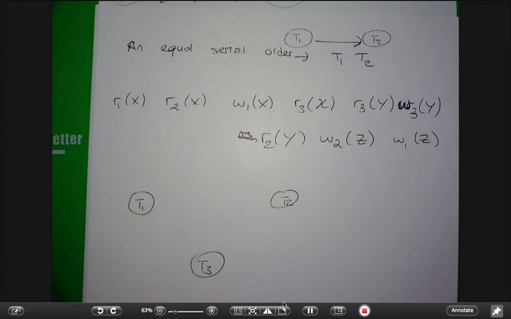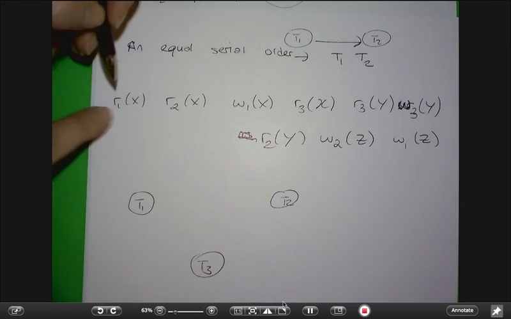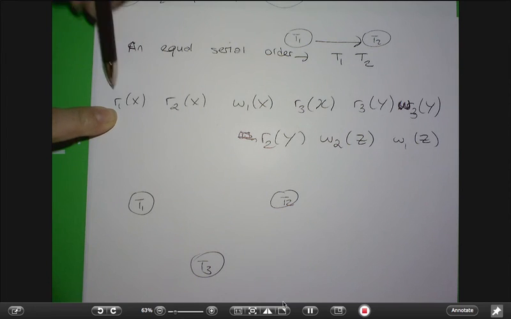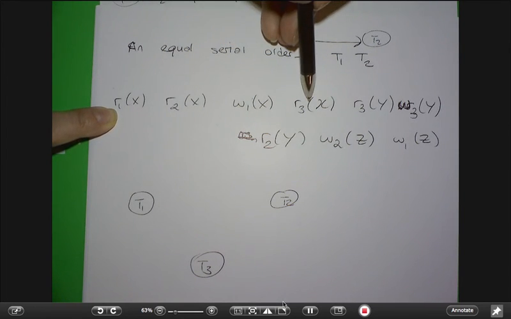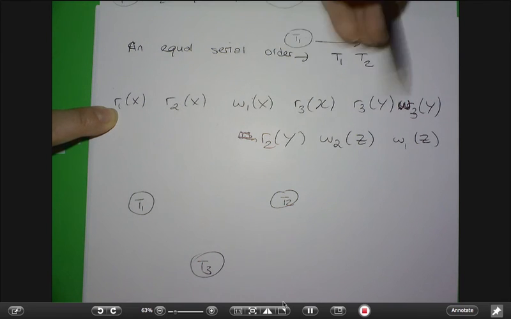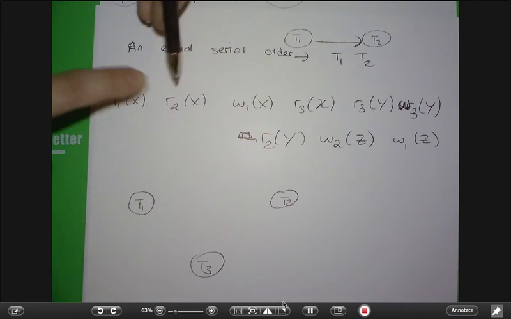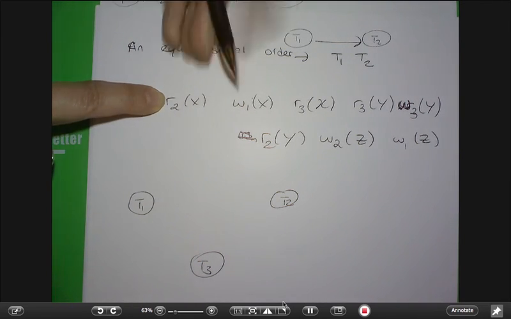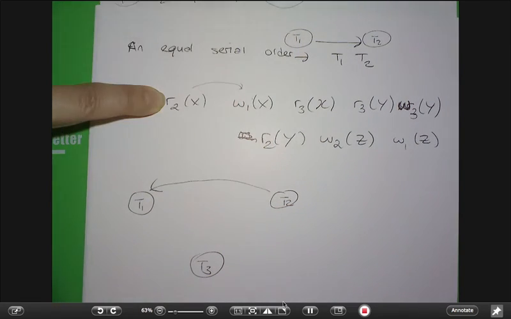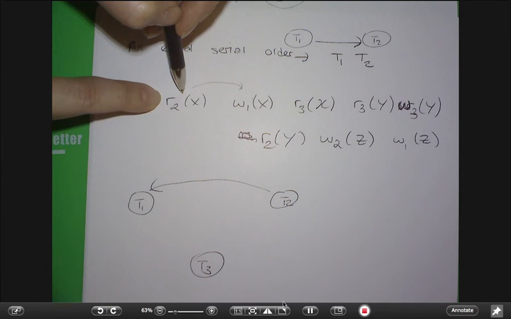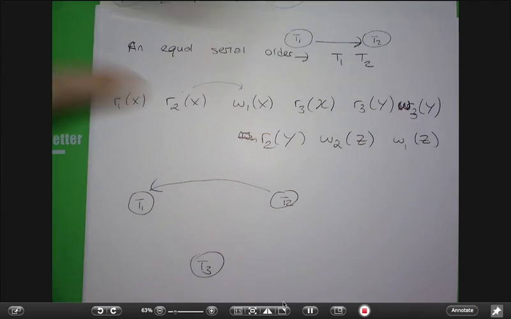Okay, so R1 of x does not conflict with itself, does not conflict with another read, so there is no conflict for this one. R2 of x conflicts with this, right? So that means 2 must come before 1. And that is all I have.